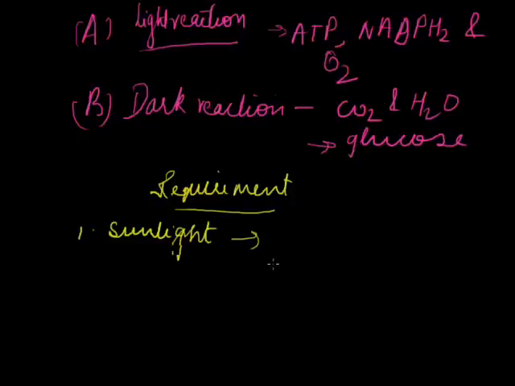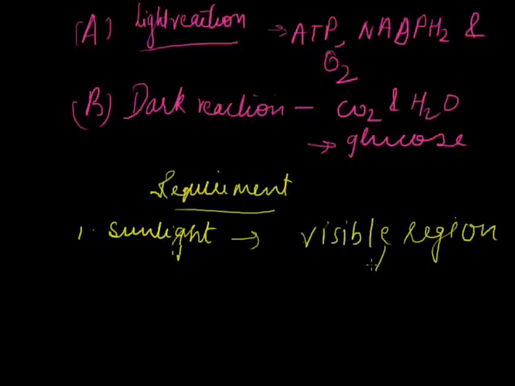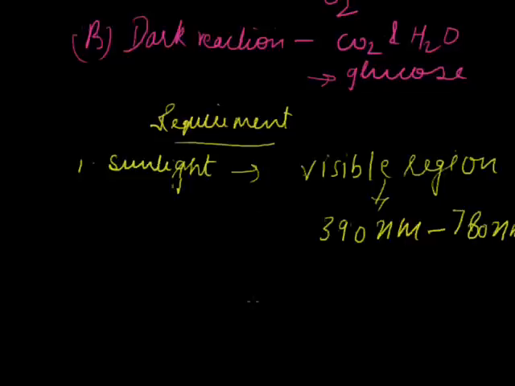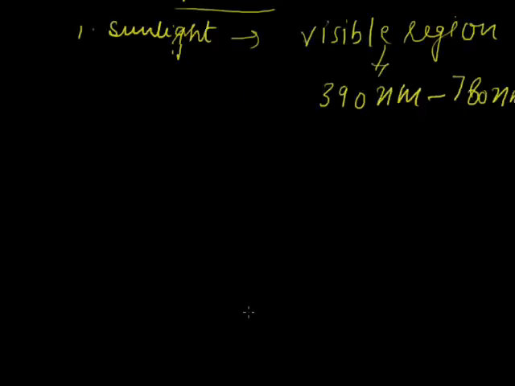Plants utilize the light in the visible region of the solar spectra, that is the electromagnetic spectrum, which comes under the range of 390 nanometers to 780 nanometers. This is the range. Visible region consists of white light, which is a mixture of 7 lights of different wavelengths.